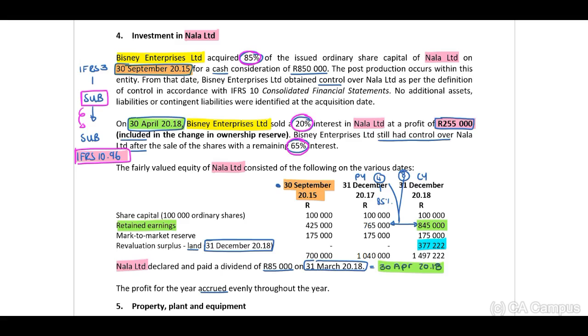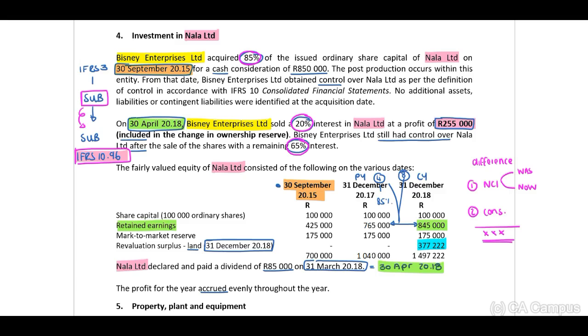Right, now, when we recap 96, you will remember that paragraph 96 indicates to us that the difference between one, the movement in your NCI, therefore, what was the NCI before the change and what is the NCI now? Therefore, before and after, and two, the consideration. This difference will be your change in ownership amount.